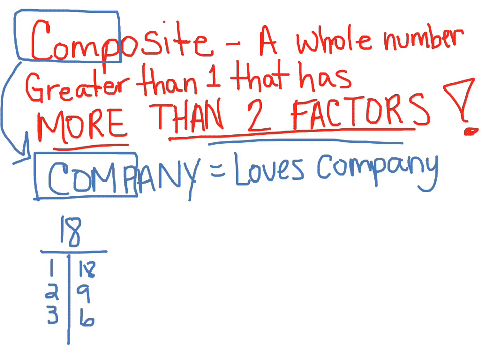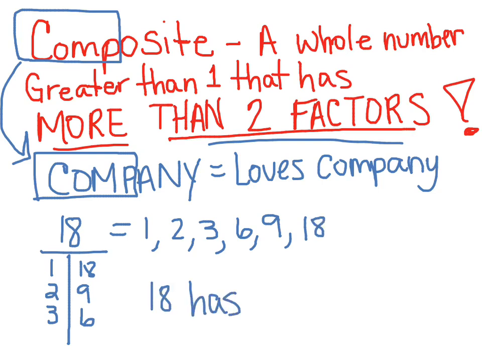So there's all my factors. 18's factors are 1, 2, 3, 6, 9, and 18. So 18 has 6 factors. Okay? So a composite number is a number greater than 1 that has more than 2 factors. So 18 has 6 factors, so that makes it a composite number.